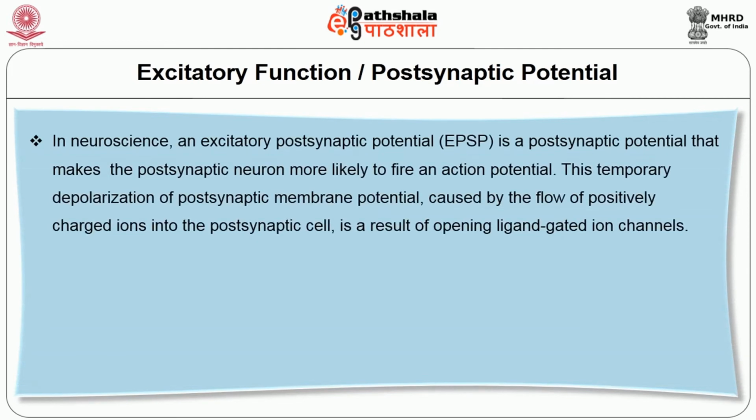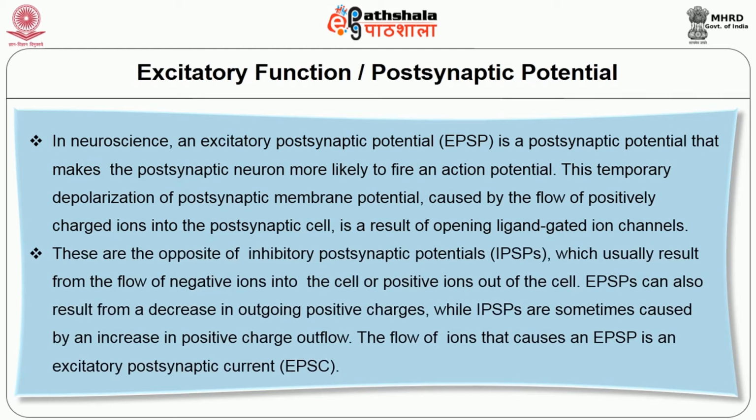In neuroscience, an excitatory postsynaptic potential, EPSP, is a postsynaptic potential that makes the postsynaptic neuron more likely to fire an action potential. This temporary depolarization of the postsynaptic membrane potential, caused by the flow of positively charged ions into the postsynaptic cell, is a result of opening ligand-gated ion channels.